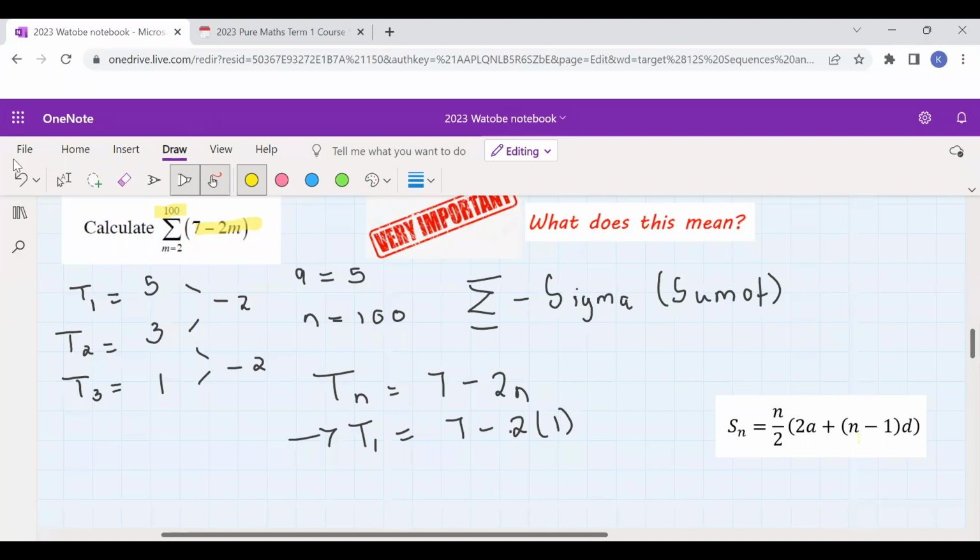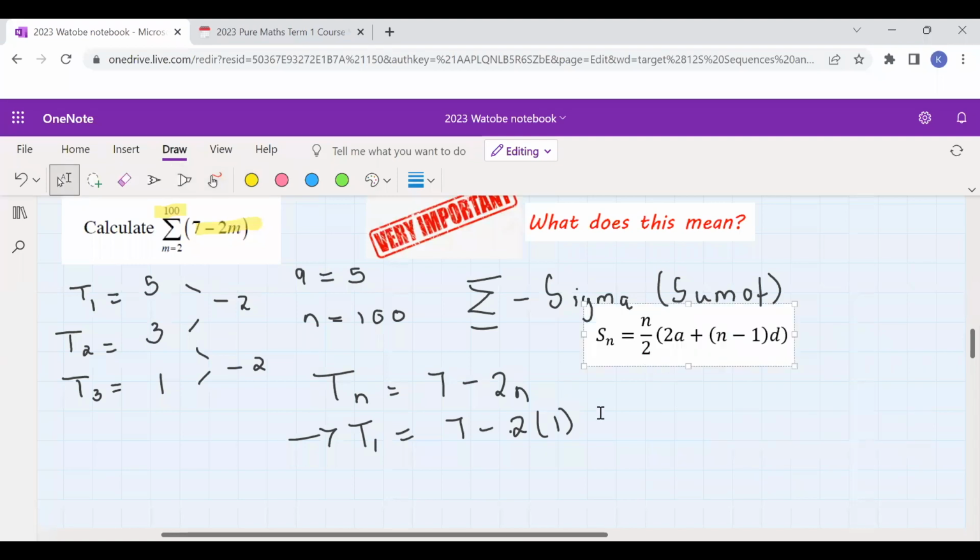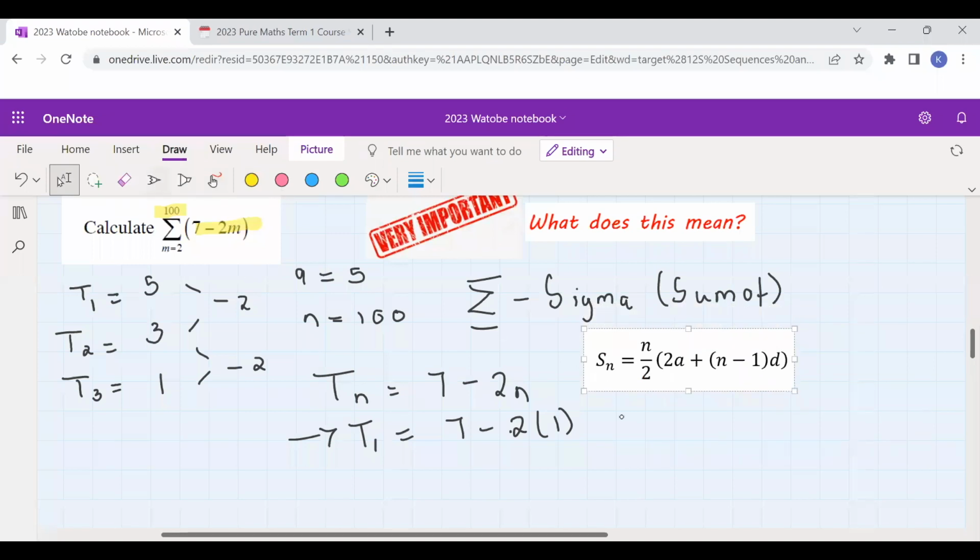People who are lost, if you're willing to unmute and tell me specifically where I lost you, then we can talk. Raise your hand. In the meantime, guys, substitute into the sum formula, but remember, it's going to give you the sum from term 1 to 100. It's going to go term 1 plus term 2 plus term 3.